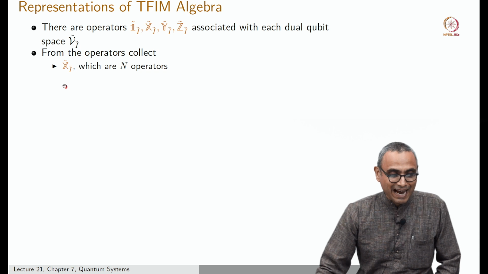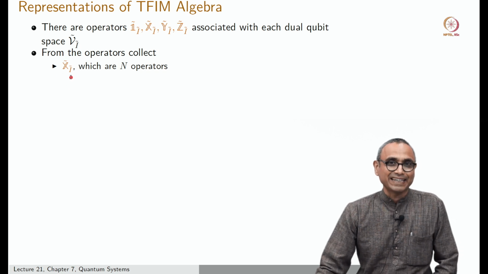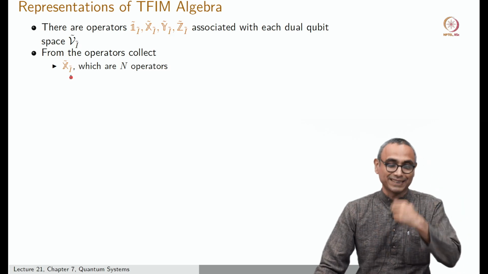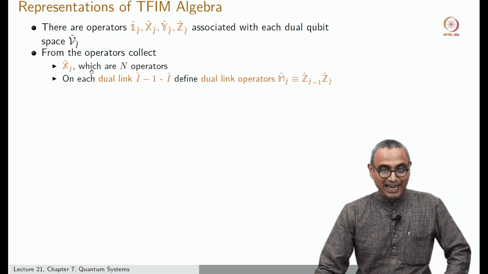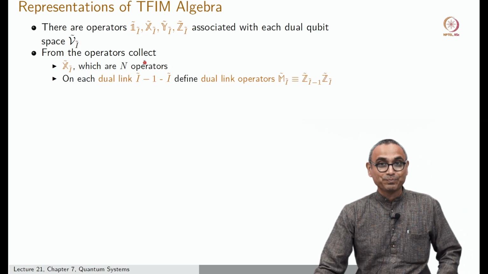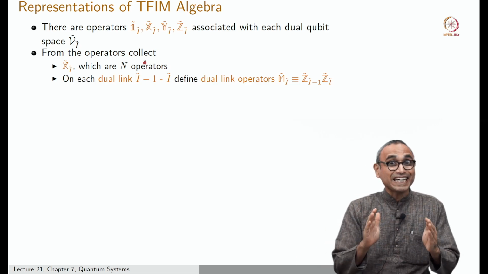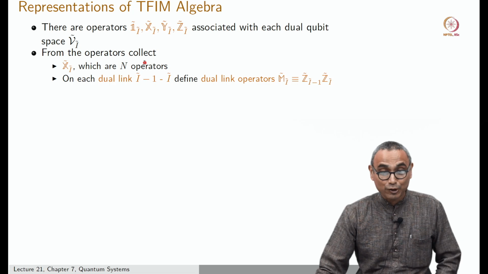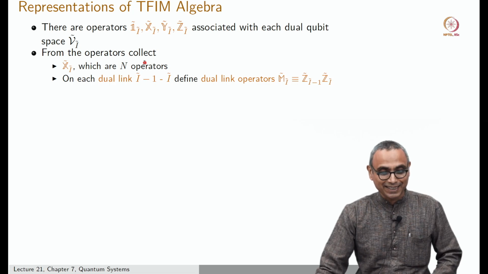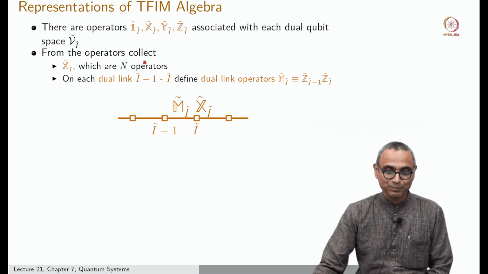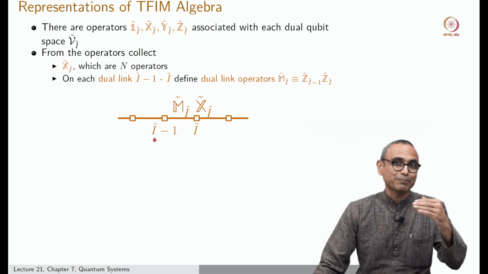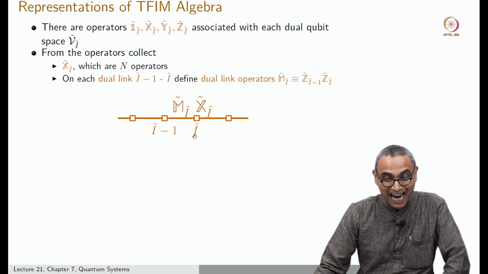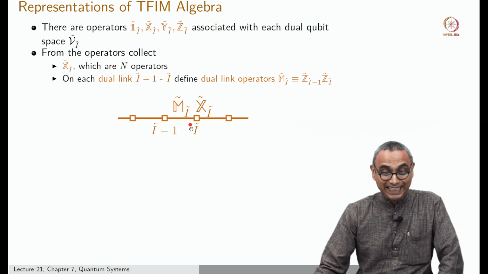So what are they? I am going to pick x tilde i, all the Pauli x operators in the dual qubits at the dual sites, and there are n such operators, and I am going to construct link operators on the dual lattice, and I am going to do that slightly cleverly so that things will become useful for me. Usually I define the link between i and i plus 1. Here I am going to define the link between i tilde and i tilde minus 1.